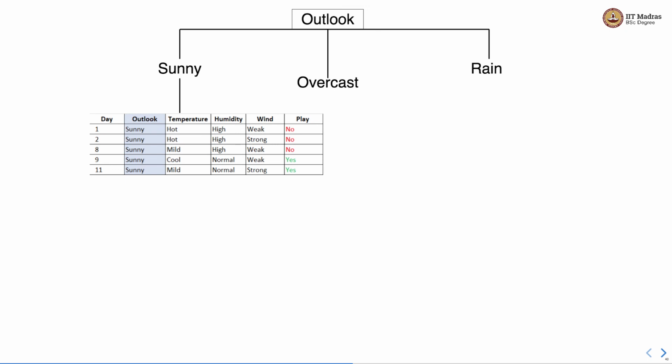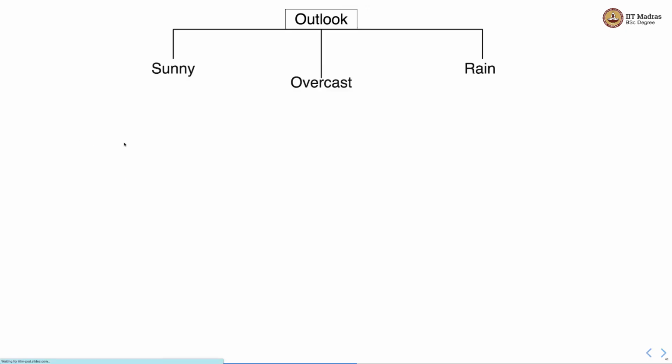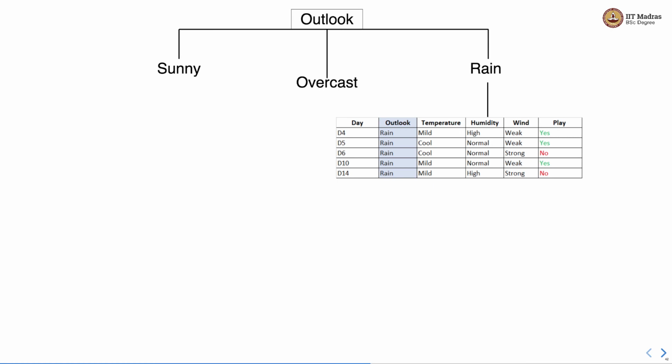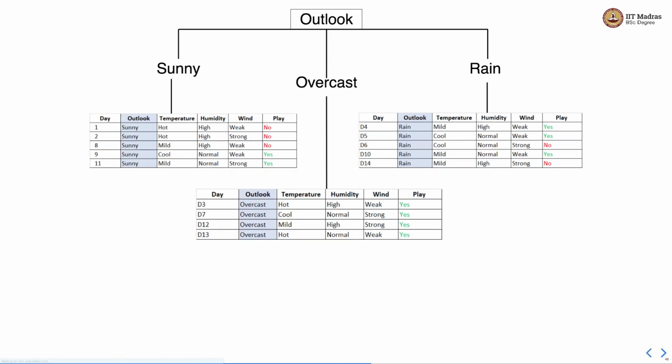For sunny, we get these examples where outlook is sunny. For overcast, we get 4 examples where outlook is overcast, and we get 5 examples where outlook is rainy. So we have this particular division of the data set of 14 different examples.